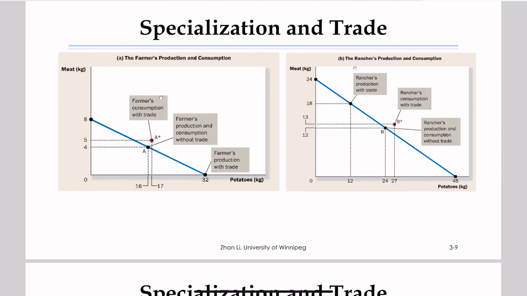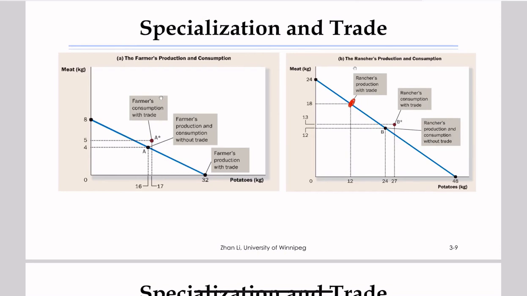And the same thing happens to the rancher. When there was no trade, the rancher will produce at point B and consume at point B with 12 meat and 24 potatoes. And after following the suggestion of the economist, you can see that the rancher will move the production from point B to this red point, right? And then through trade, the rancher's consumption will also improve.